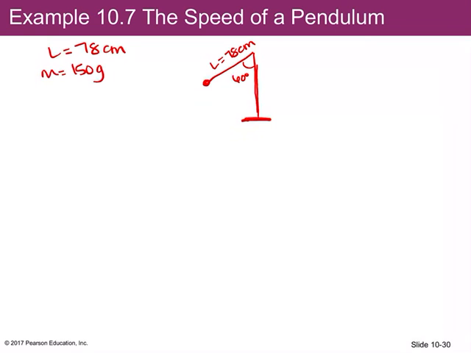All right, now, if we were just letting the string hang, it would probably come like right there, right? We need to figure out what distance this is at this point right here. So if we go ahead and do that, then we would take the length, which is 78 centimeters, which, by the way, you need to go ahead and convert to meters.